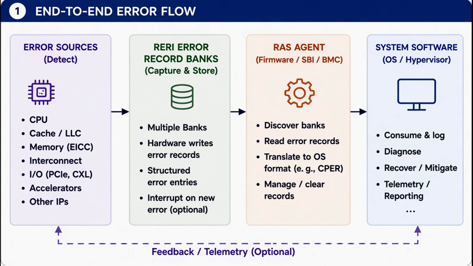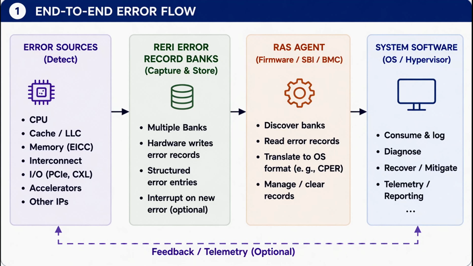The next stage is the RAS agent, typically firmware, the RISC-V SBI, or a baseboard management controller. The RAS agent discovers which banks exist, reads the new records, and translates them into a standard OS-facing format like CPER, the common platform error record format used for the industry.